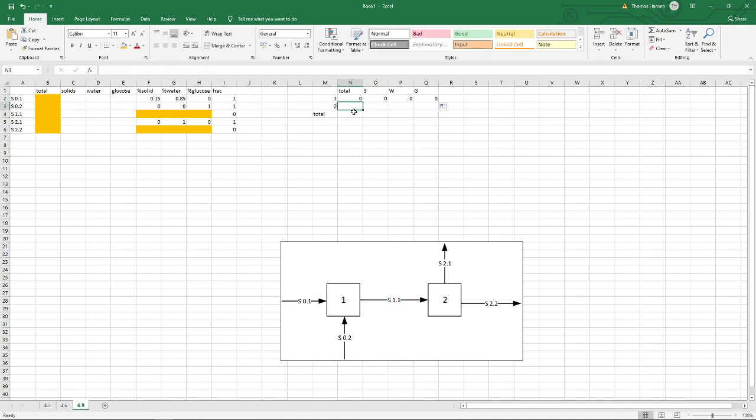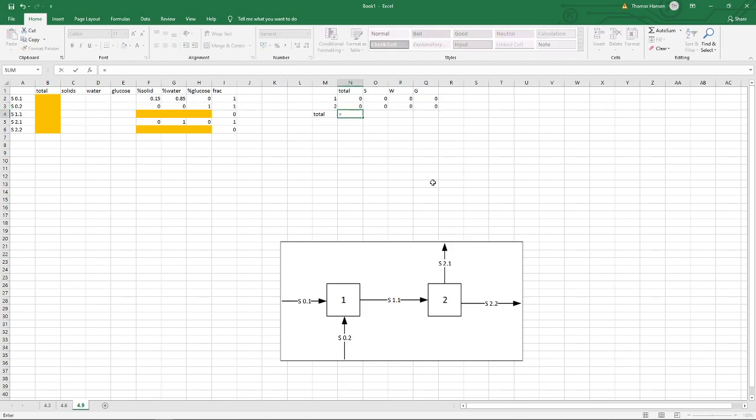Yes. In the second one, what is entering our second unit operation? That would be 1,1 minus 2,1 plus 2,2. Does that check out? 1,1 enters, 2,1 and 2,2 exit. Yep. We can then drag it along. Check one of them to make sure. Yes.